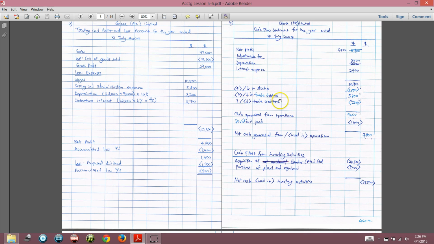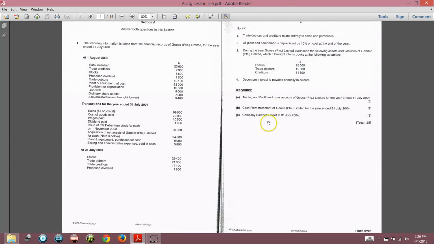Trade debtors, same thing. Okay, so you see, the trade debtors of 21,300 is inclusive of this that we have purchased. So you take 21,300 minus 15,000, which is 6,300. Trade debtors at the end of the year is 6,300. Trade debtors at the beginning of the year is 12,000. So 12,000 minus 6,300 means trade debtors has decreased by 5,700 during the year.